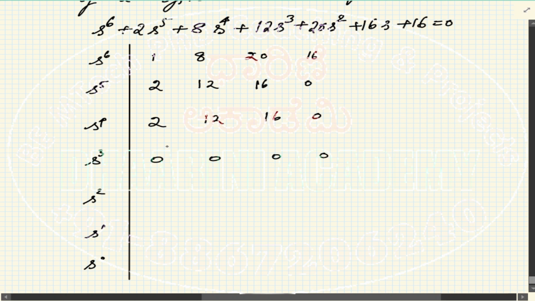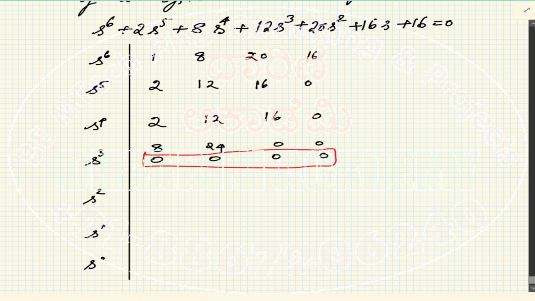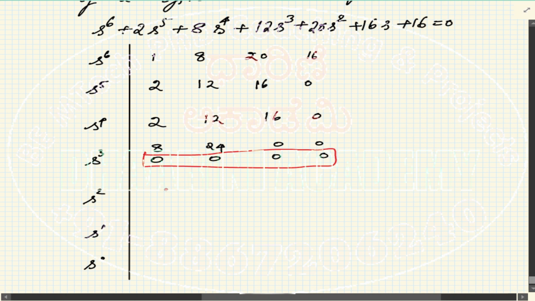So this becomes 8, 24, 0, 0. Then 6, then 16, minus 0 by 8.